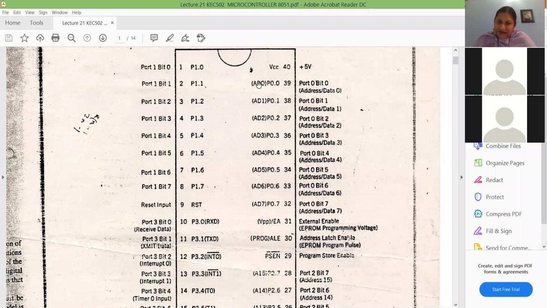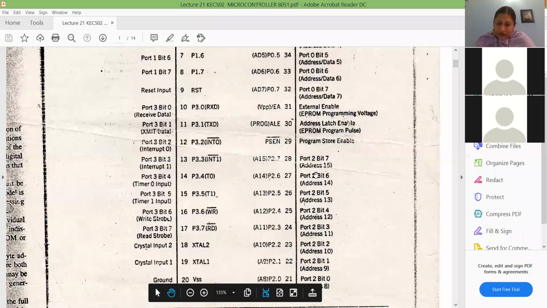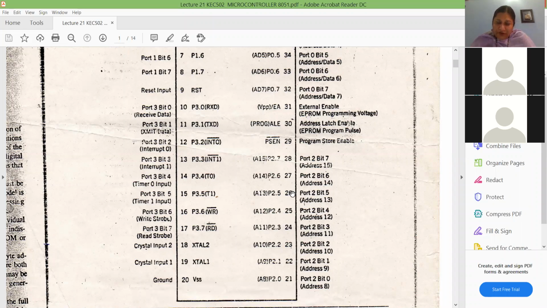So port 0 is AD0 also, port 0 bit 1 is AD1 also, like that. And in port 2 you have the higher order address lines, and in port 3 you have some control signals like receive data, transmit data, interrupt pins, etc. Whenever the address is used, it works as address lines. Whenever you use it as an input or output port, then the same pin works as an input or output pin. So the majority of the pins have double functions.